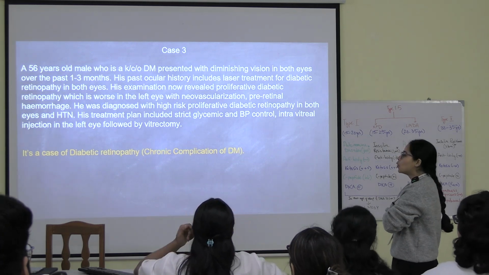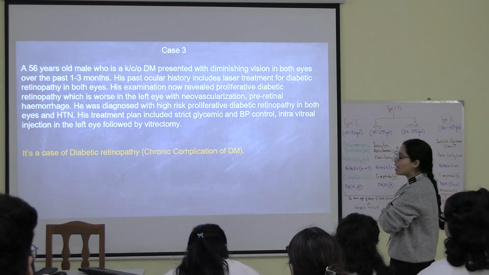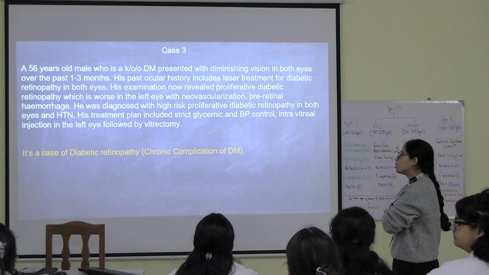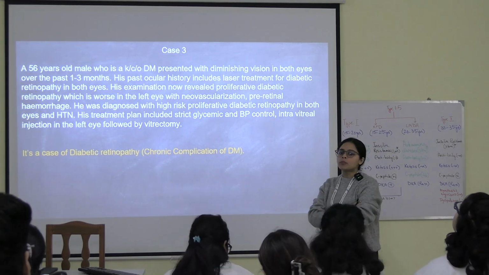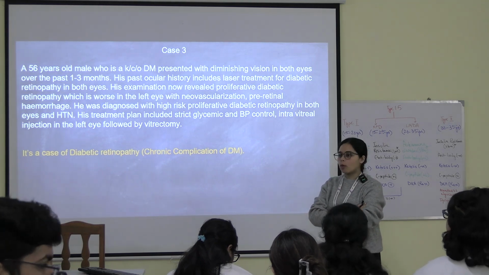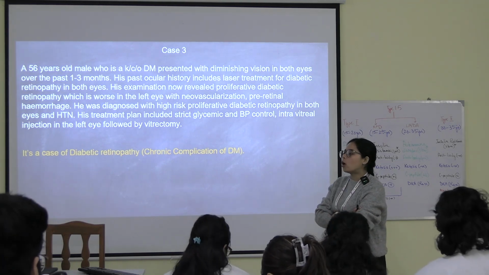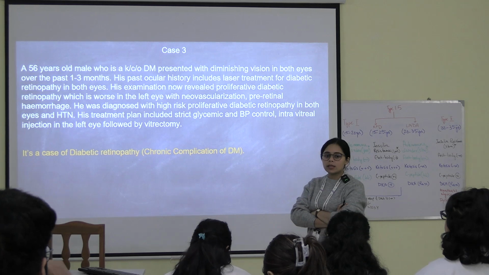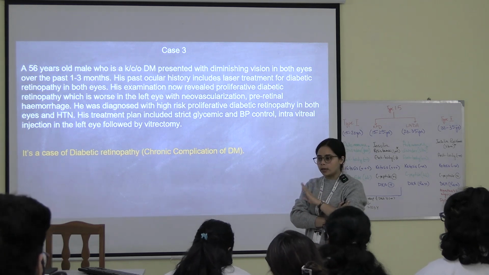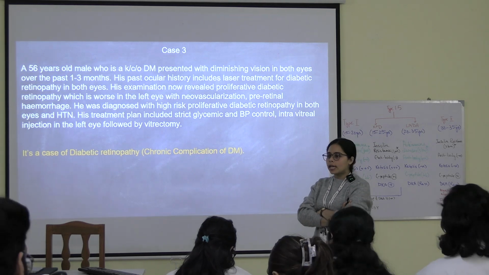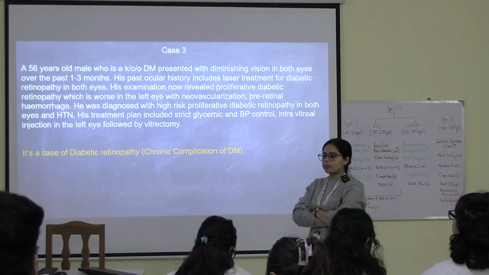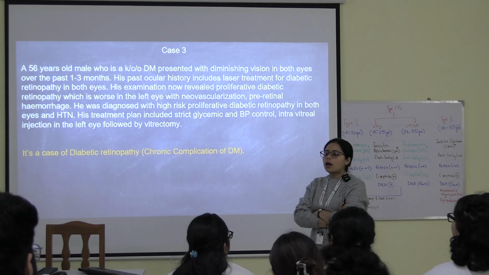Okay. So the diagnosis of this case is diabetic retinopathy, which is a chronic complication of diabetes mellitus. If there is chronic, there should be acute complication as well. So the acute complications of diabetes mellitus are DKA, diabetic ketoacidosis, and HHS. What is HHS?